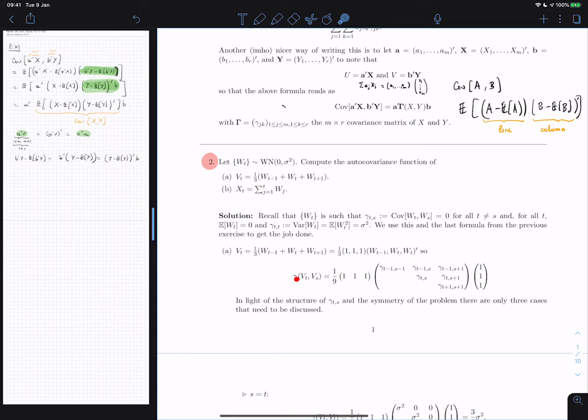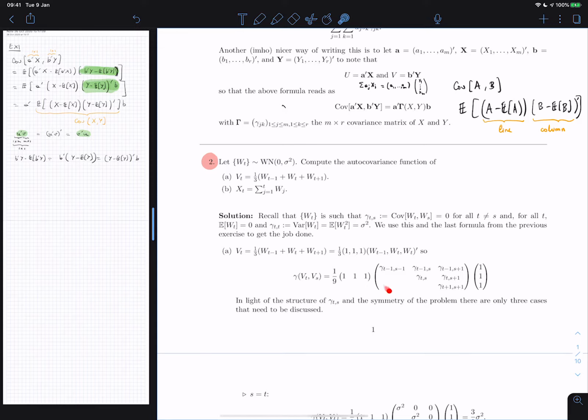And then the covariance of VT with itself is what? Well, I take the weights here, transposed, so as a line, multiplied by the covariance matrix of the variables whose linear combination I'm taking. So it's going to be the covariance matrix of t minus 1 with s minus 1, like this.